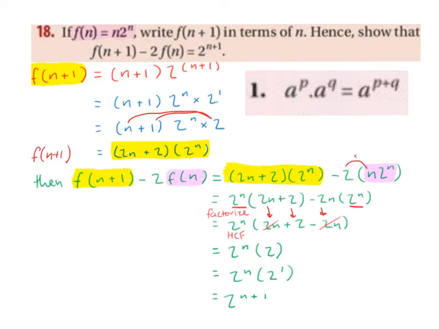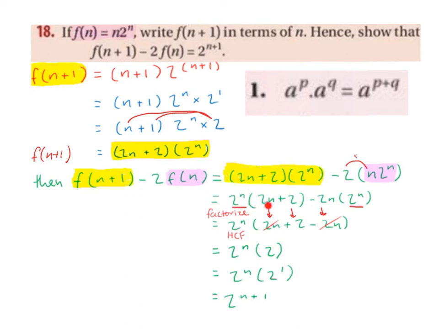And I want to have something that's common to both that I can take out of both, so I can factorize. So if I multiply the minus 2 by the n, I'm going to bring out a minus 2n outside my bracket. And then I'm just left with the 2 to the power of n inside my bracket. And when I do that, I have a common factor to both terms. I've got 2 to the power of n, and I've got 2 to the power of n.